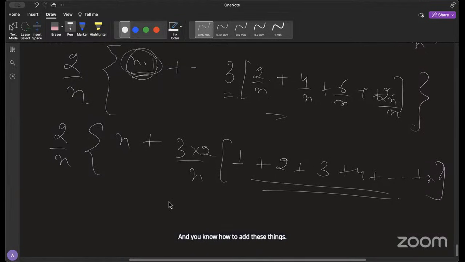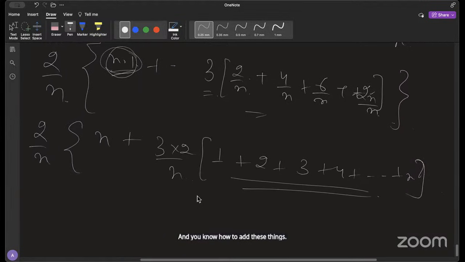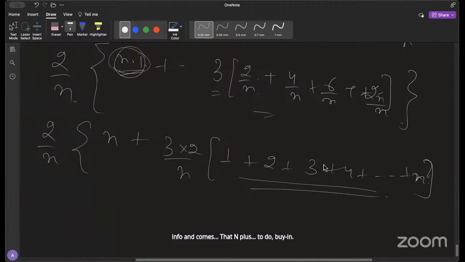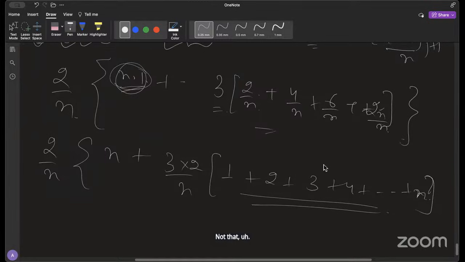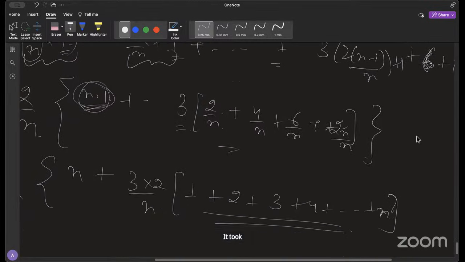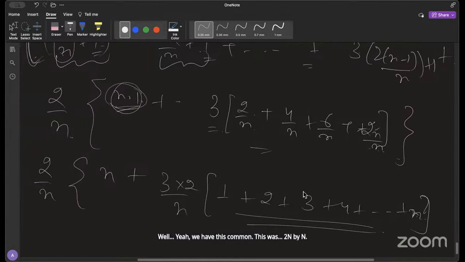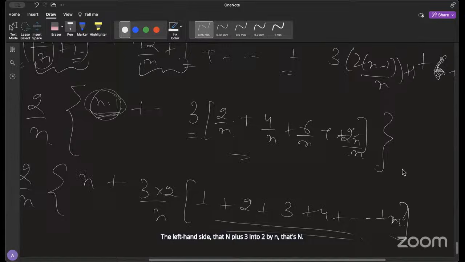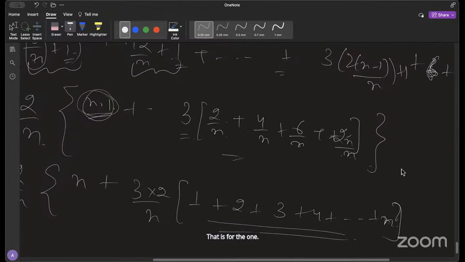So n plus 3 into 2 by n. Not that n, actually, in the brackets.